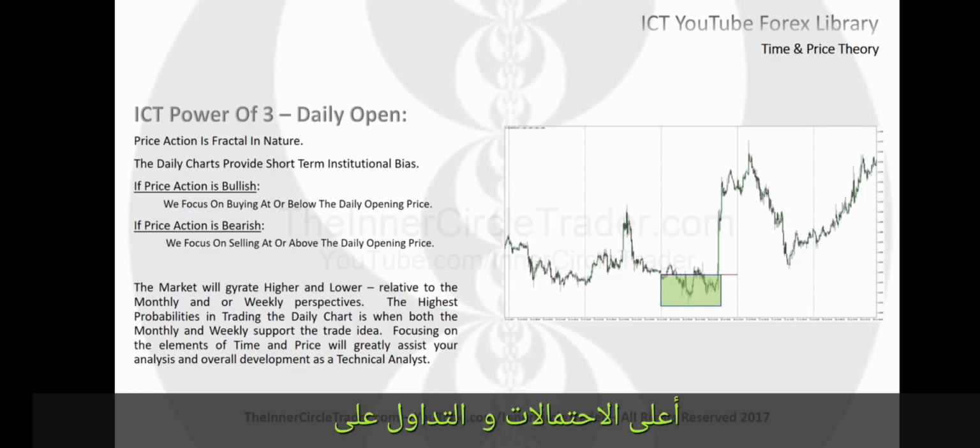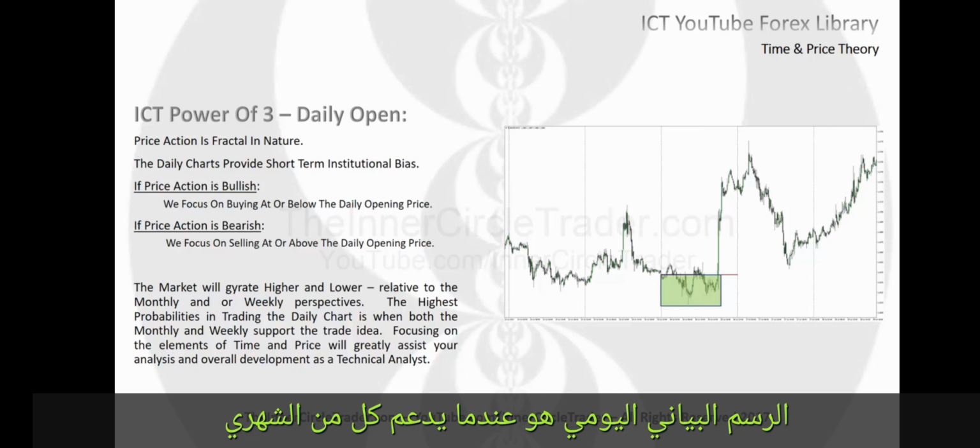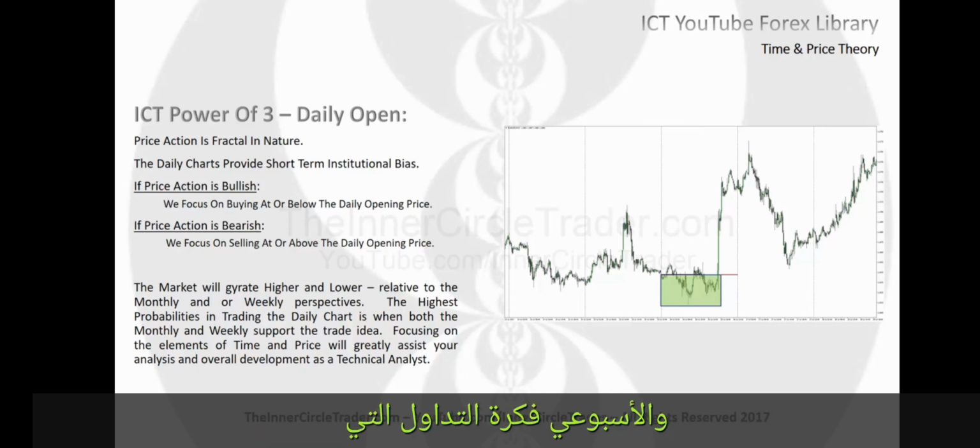The highest probabilities in trading the daily chart is when both the monthly and weekly support the trade idea that you would be using or hunting on the daily. Focusing on the elements of time and price will greatly assist you in analysis and overall development as a technical analyst. If we look at this representation of a daily range here, notice I'm only highlighting one specific day.